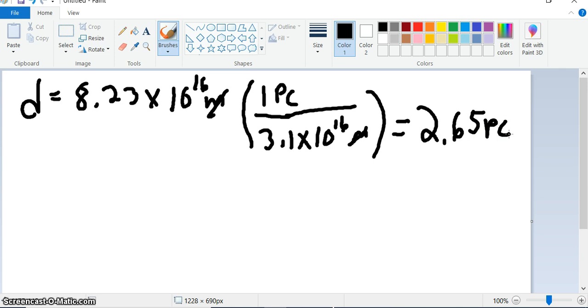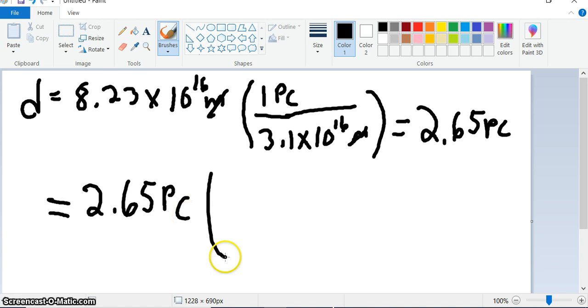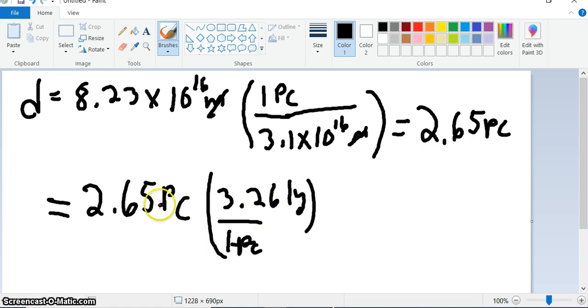You could also do it in the following way. If we know it's 2.65 parsecs, we could even change it to light years, which is not a bad option. We know that in 1 parsec there are 3.26 light years, and the parsecs cancel, so that's equal to 8.65 light years.